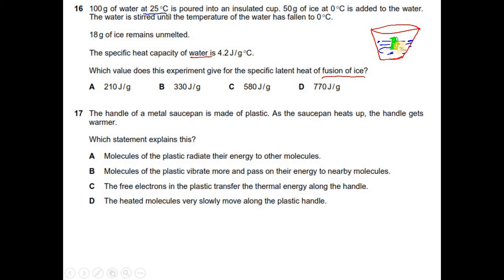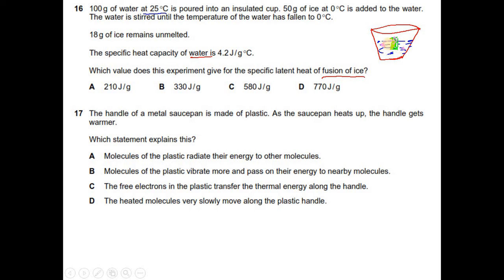What is happening here? Heat energy flows, because the water around the ice is hotter than the ice. So heat from the water is absorbed by the ice, and thus the ice is going to melt.